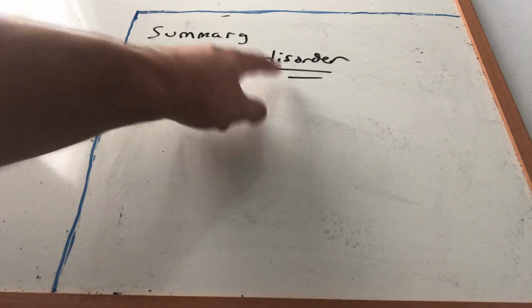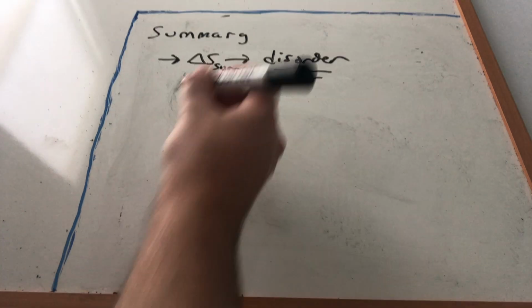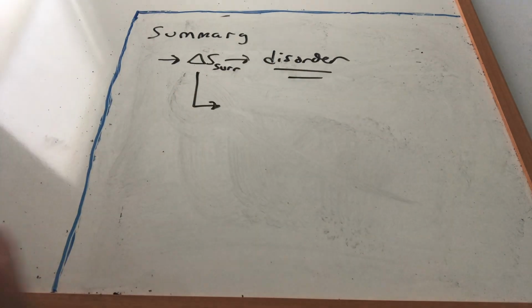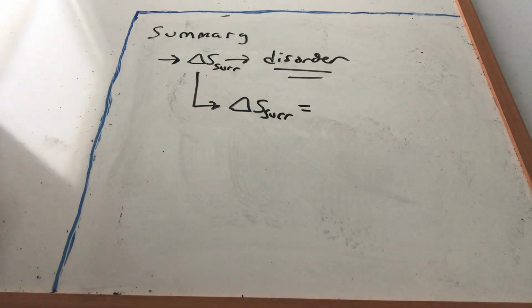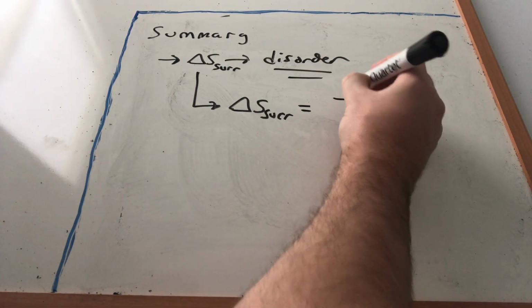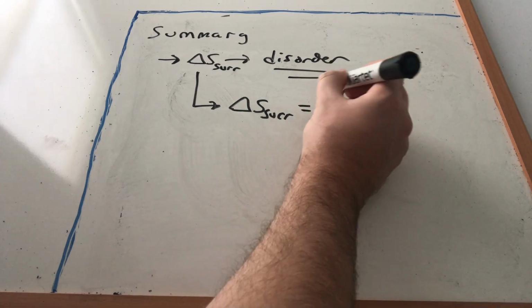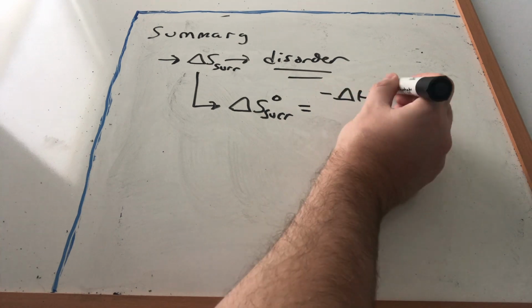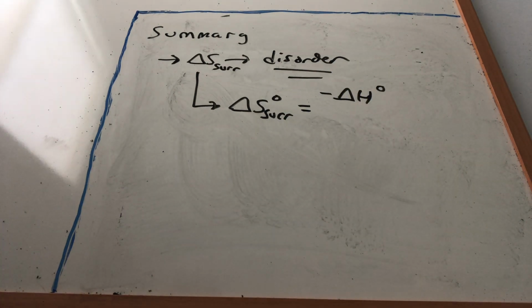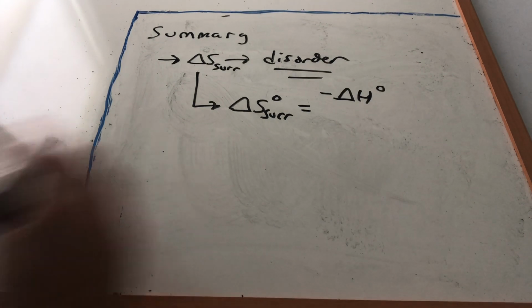But do know that it does measure disorder. And what you need to know about delta S of the surroundings is you can calculate it from system information. You find the delta H for the system and you take the opposite sign. This is often done under standard conditions, so I'll just put the knots there. It doesn't have to be, but it often is.